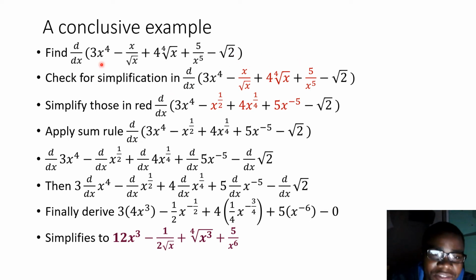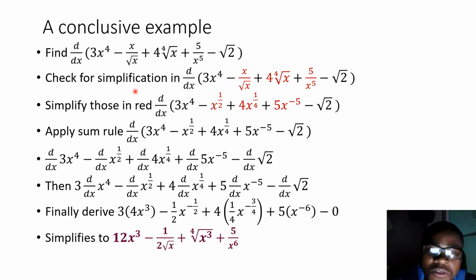We can identify them. The first one is going to require us to use the rule of taking out the constant. Let's not forget that we first start everything with what we call the sum rule, which means you apply d/dx to every term in here.